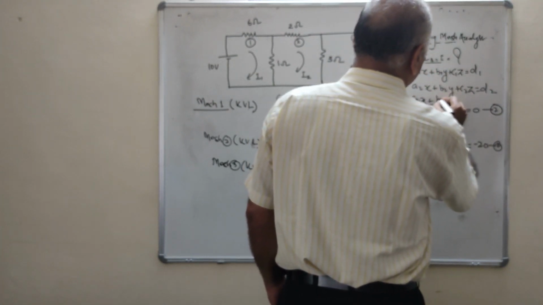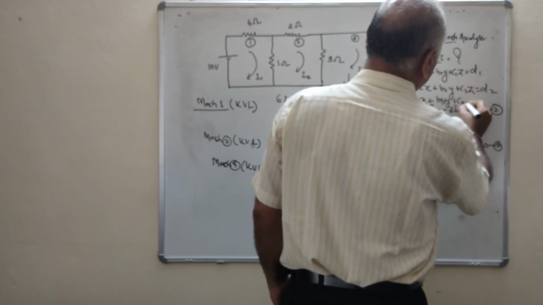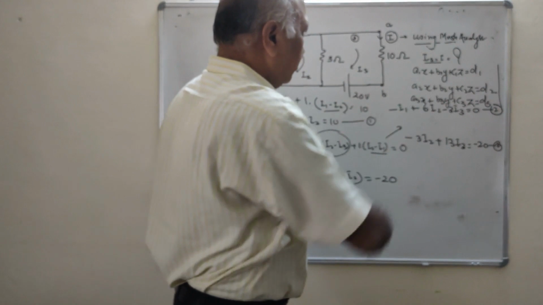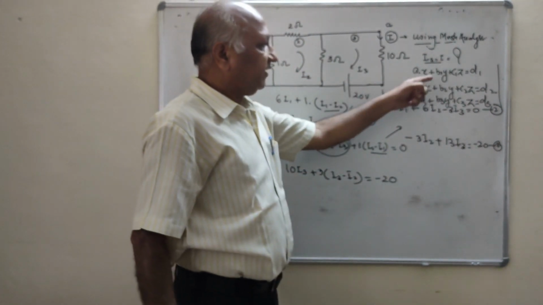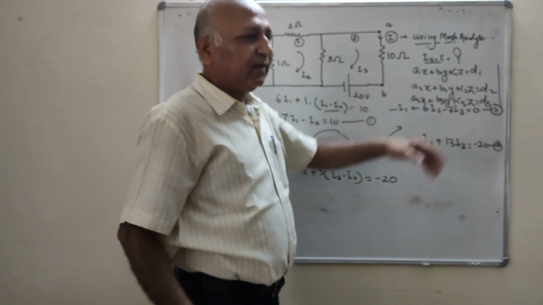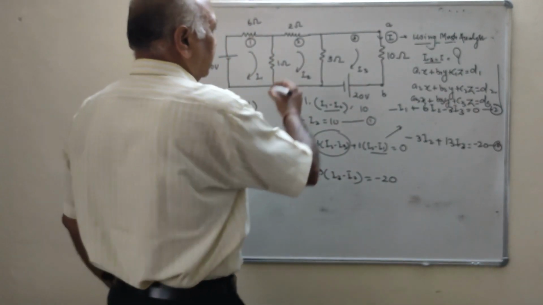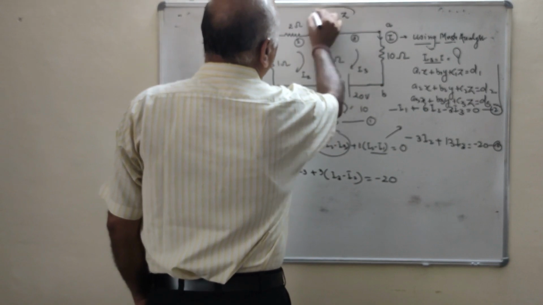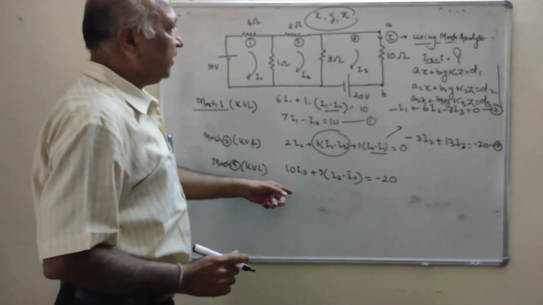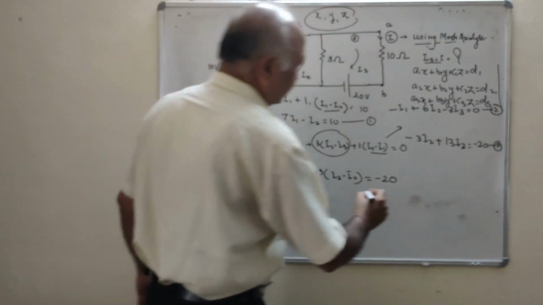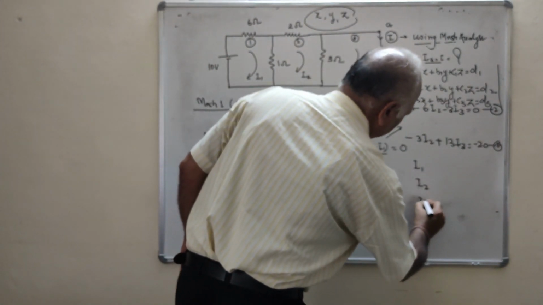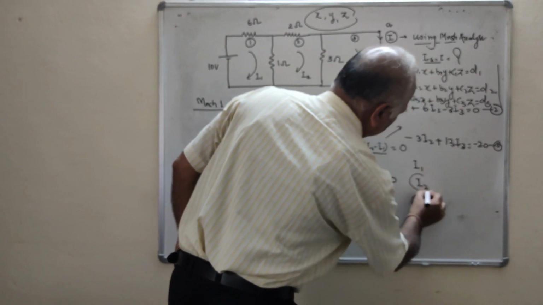A3x plus B3y plus C3z is equal to D3. After putting the values of A1, B1, C1, D1 and so on, you will get the values of x, y, and z. Here the variables are I1, I2, I3. That means we will get the value of I1, I2, and I3.